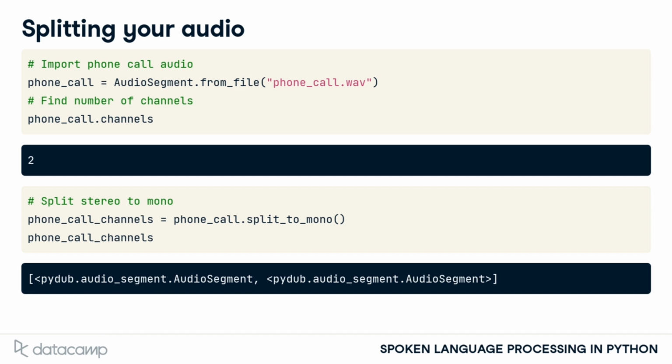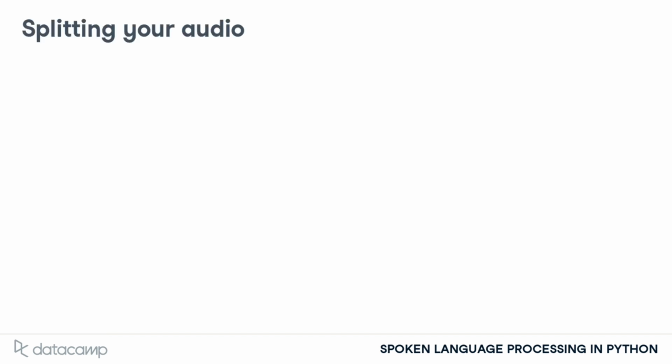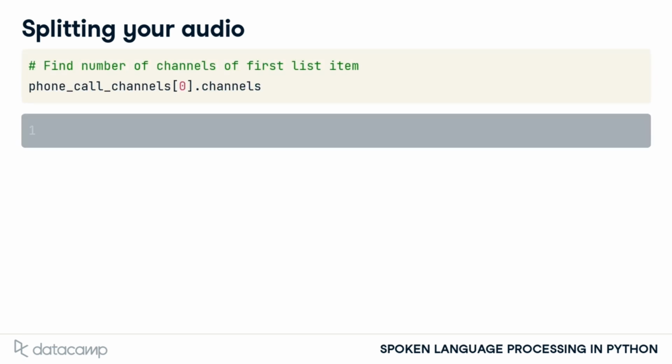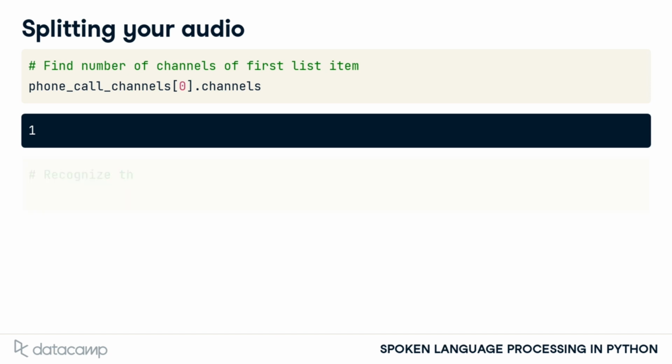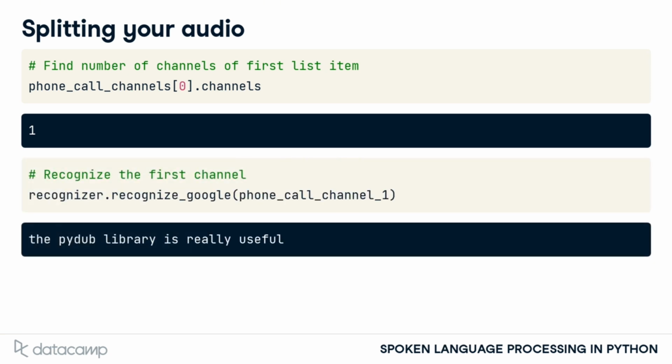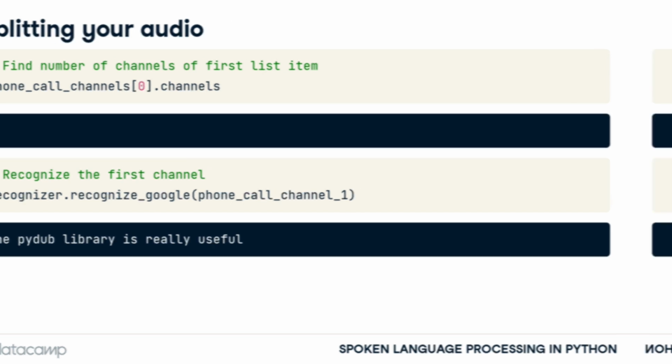Calling this returns a list containing each channel. Because each of these is an audio segment, you can use all of the functionality you've seen previously on them. And as long as your speakers have been recorded on separate channels, you can now transcribe their audio individually.